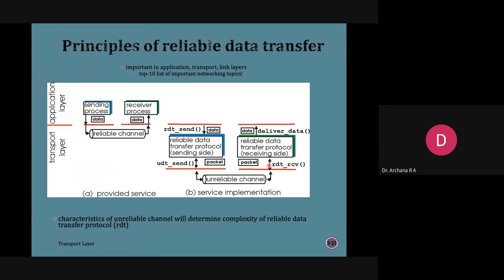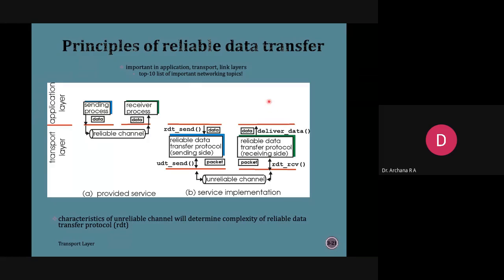In the network layer you have the protocol called IP, and that's why it is said to be unreliable. Now it has reached the transport layer. Since you are using reliable TCP, we consider it the reliable data transfer protocol on the receiver side. After receiving the data, it delivers the data to the application layer.